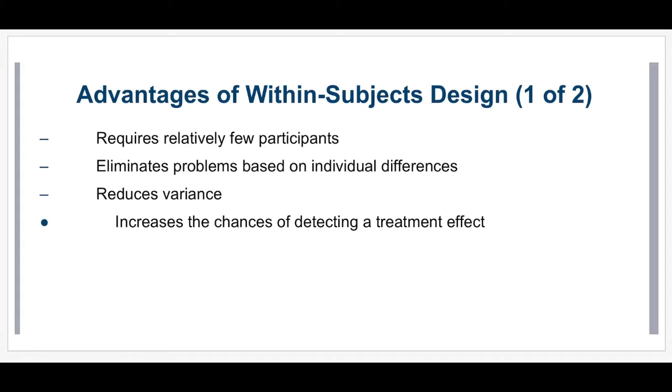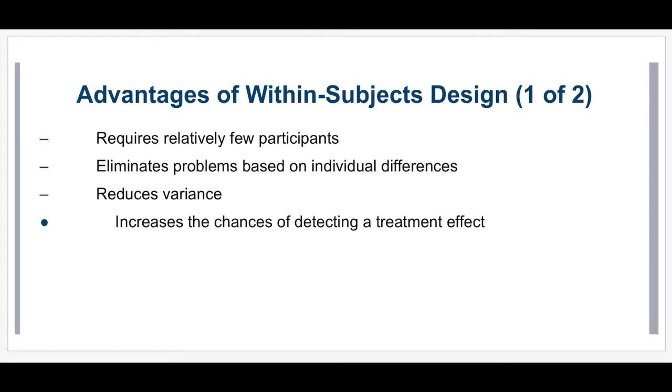For example, if you're doing a study on 80-year-old twins, it's a very small, narrow population. So you're not going to have that many participants available, right? Or if you don't have a lot of resources to recruit a lot of participants, that is a benefit as well.